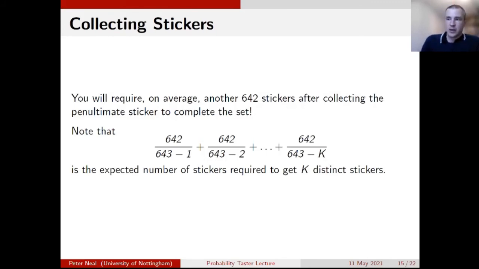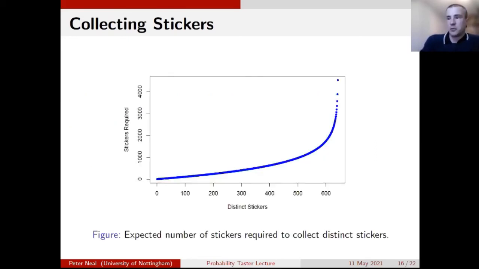So what about if we look at how many stickers it's going to take us to get to some particular value k? We can look at a plot of this. On the x-axis is how many distinct stickers we've got, starting with 1 and going up to 642, and on the y-axis how many stickers we require.